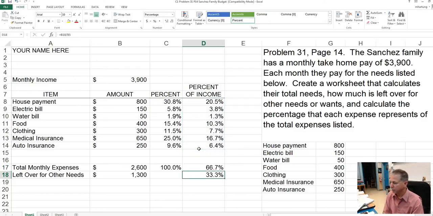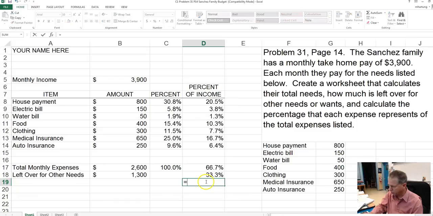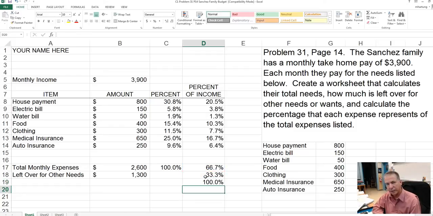Not 100%. And the reason why it's not 100% is because of this that's left over for other needs. If you were to add those two together, what would be your guess as to what that would equal? You would be correct, 100%.